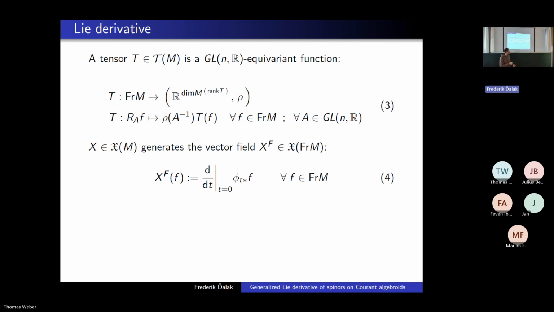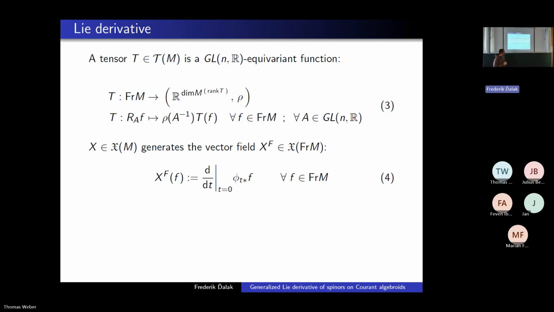You just push forward each of the frame elements, and this gives you a family of frames over the points, basically a curve on the total space of the frame bundle, which covers the integral curve of the vector field. And then you just differentiate this curve, and that gives you the value of your vector field at the point F.